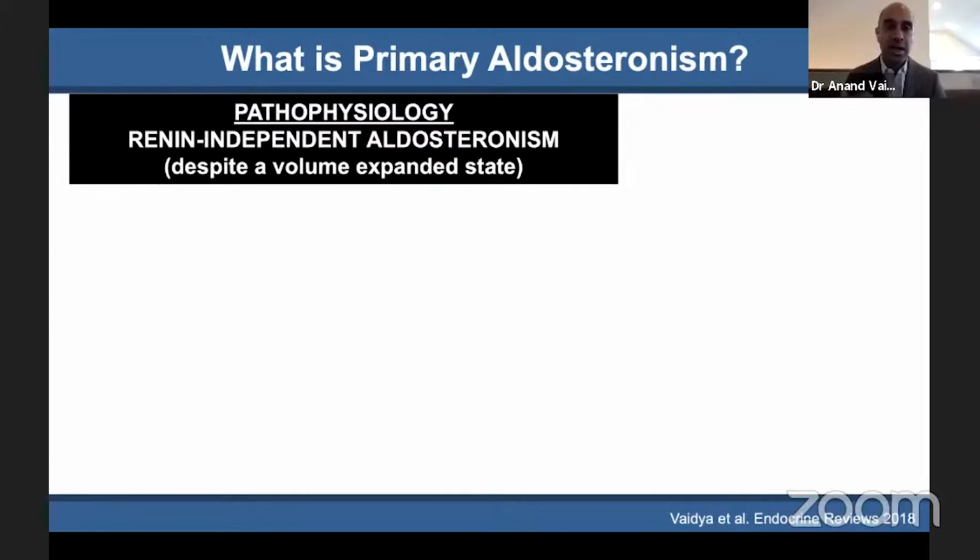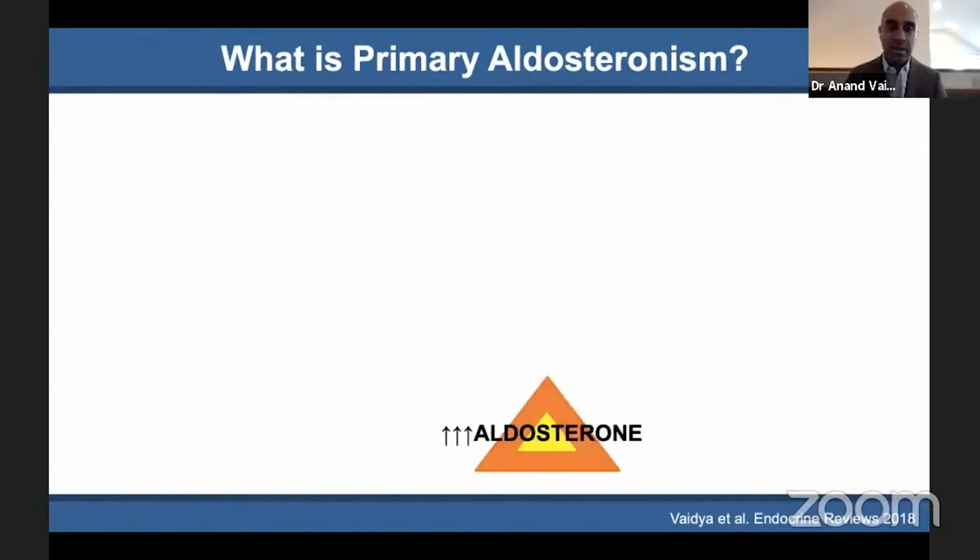So volume expansion and hypokalemia should suppress aldosterone, but there's autonomous aldosterone production even though it should be suppressed. So one or more adrenal foci in one or both adrenal glands are overproducing aldosterone. The circulating volume is expanded, and renin and angiotensin II are appropriately suppressed.